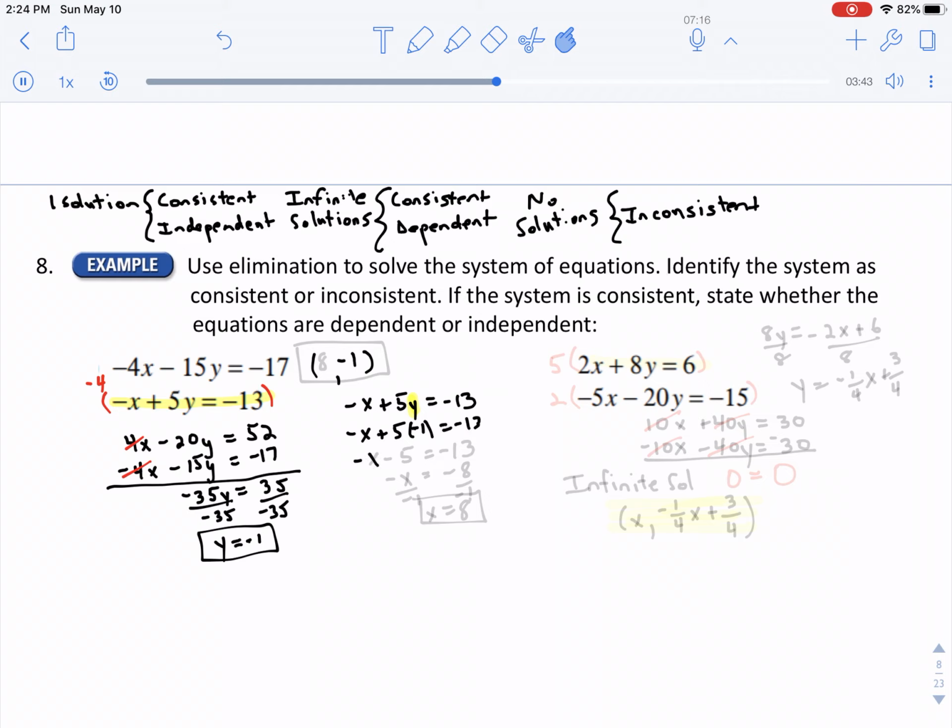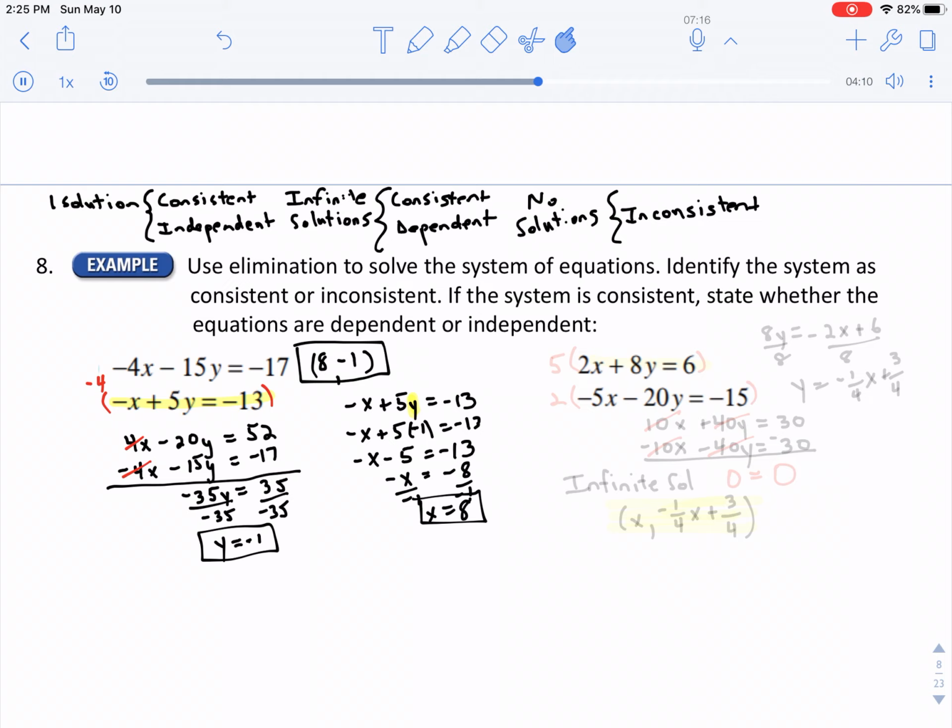That gives me a -x minus 5 equals a -13. Add 5 to both sides, I get a -x equals a -8, and divide both sides by -1, and I get x equals a positive 8. And now I have my x value, so the solution is the ordered pair 8, -1.